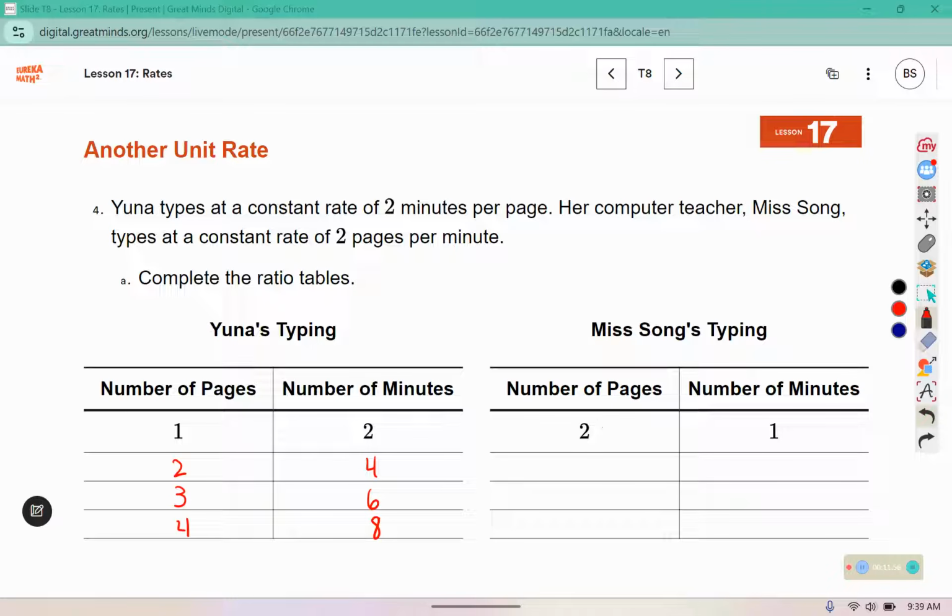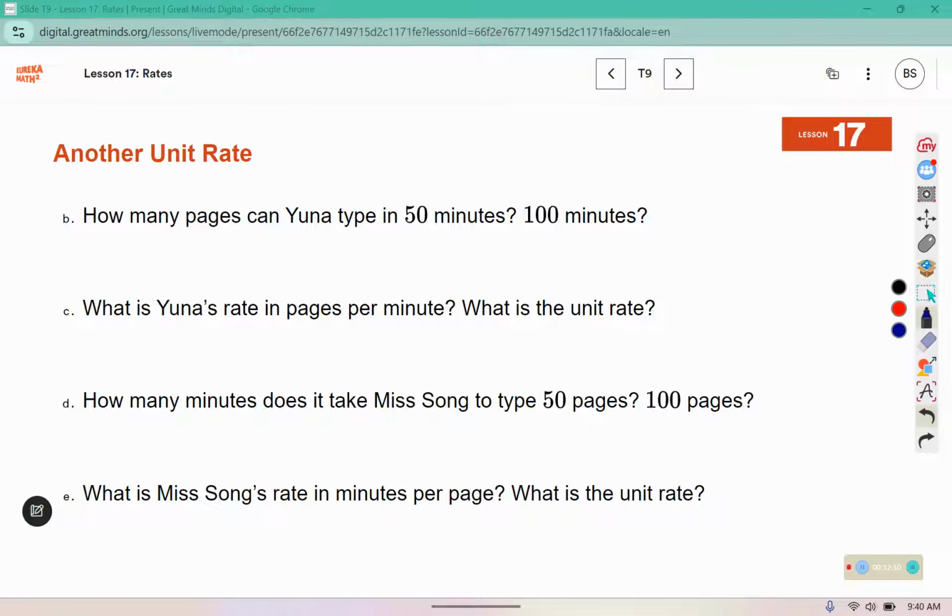Over here, in the number of pages, we're counting by twos. And in the minutes, we're counting by ones. How many pages can Una type in 50 minutes? What about 100 minutes? Well, we know she types 2 minutes per page. That means for one page.